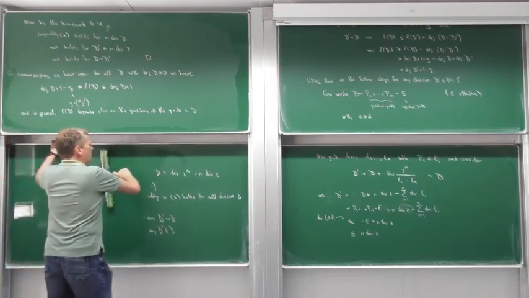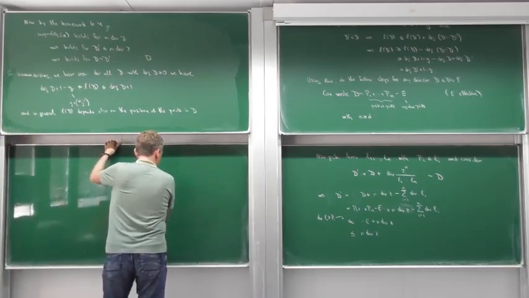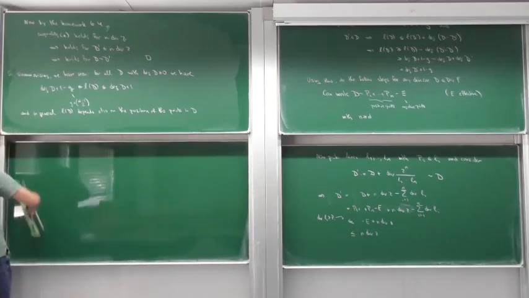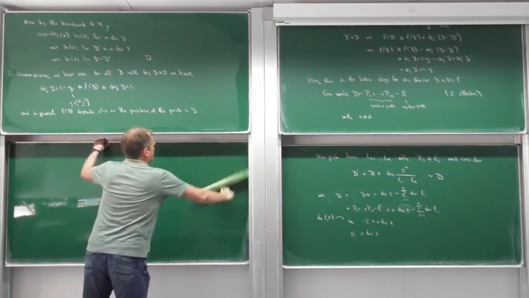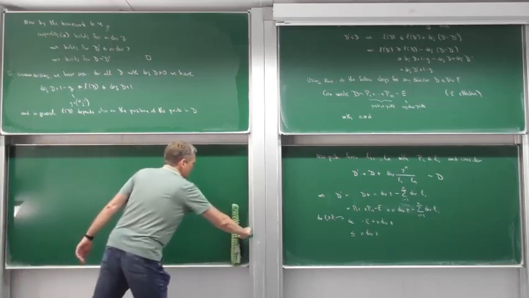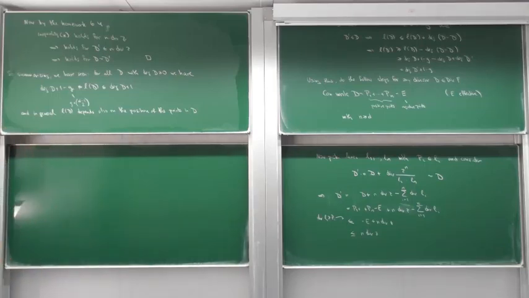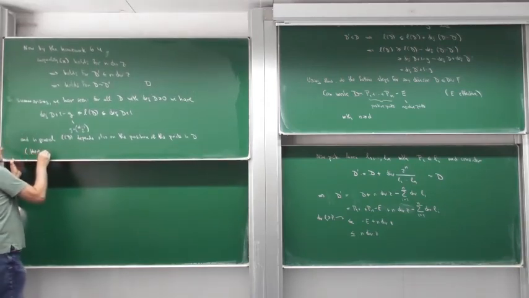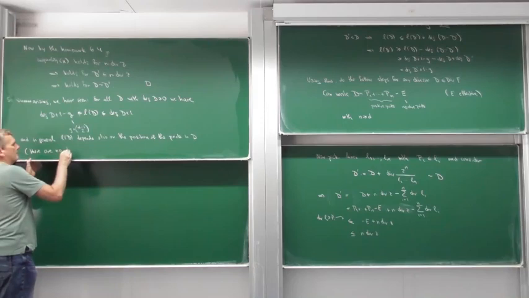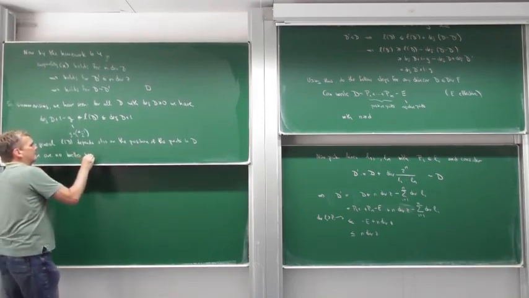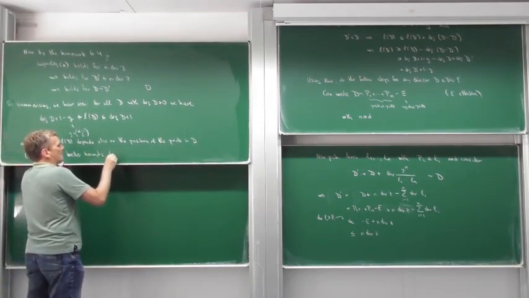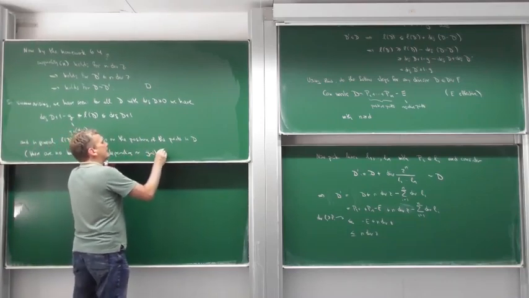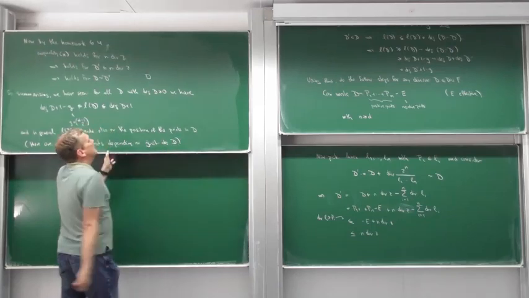So meaning that there will be no better bound of this number or this number if we just use the degree of D.